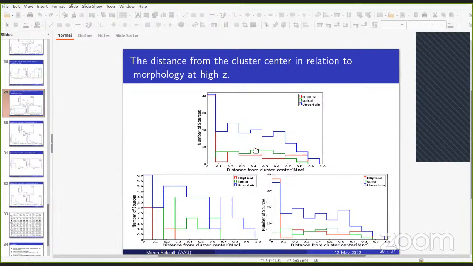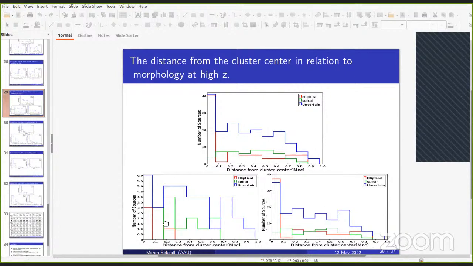The red one is the elliptical, then the spiral, and the uncertain. We see most of them are closest to the centers, and some of them are close to the center, but the uncertain ones are a little farther away from the cluster centers. This looks similar to the LINERs.